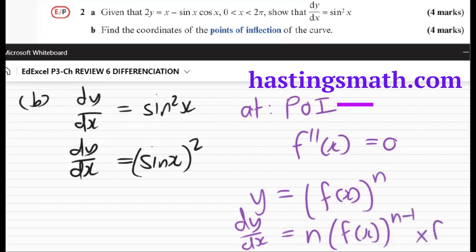And then we times it by the first derivative of whatever's inside the brackets. Okay. So we chain rule that.